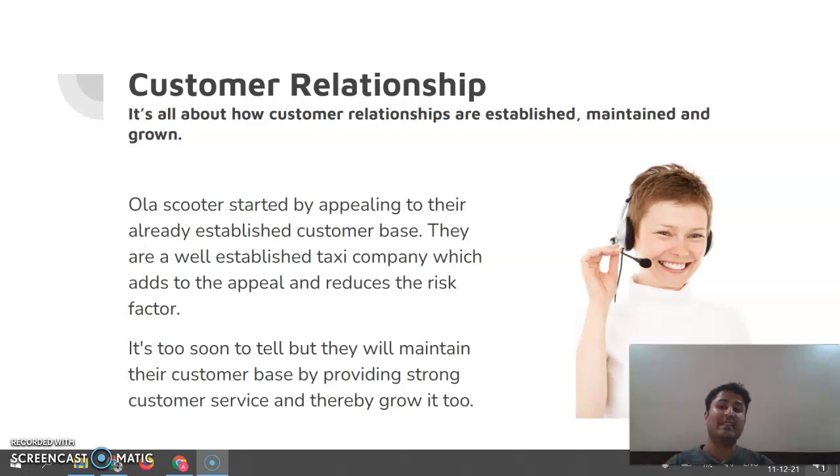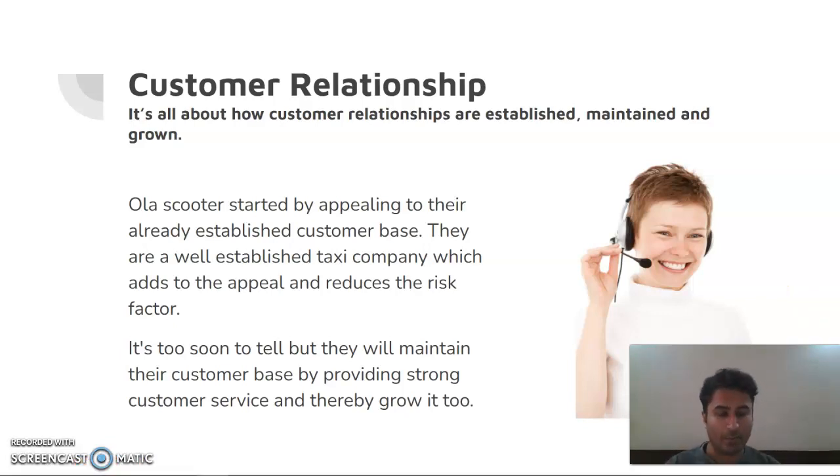Since it's already established and has an infrastructure that is already existing, there's less risk investing in a company like that, because it can always balance its profits. It's too soon to tell, but they will maintain their customer base by providing strong customer services and thereby growing it too.